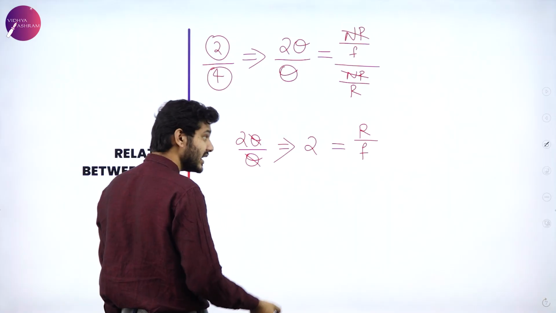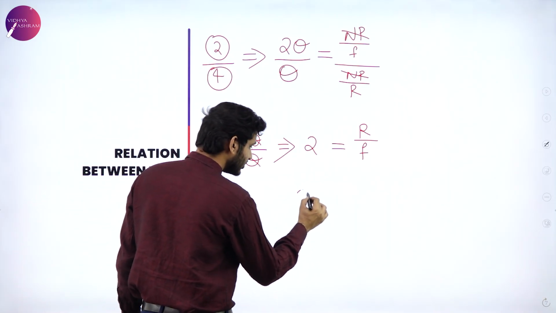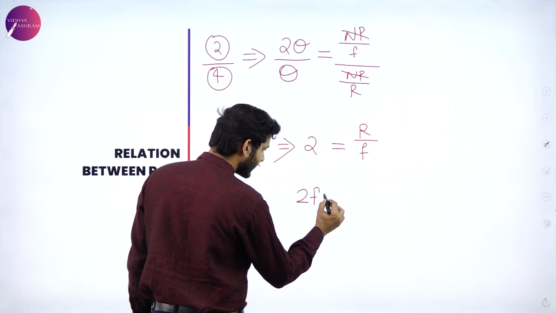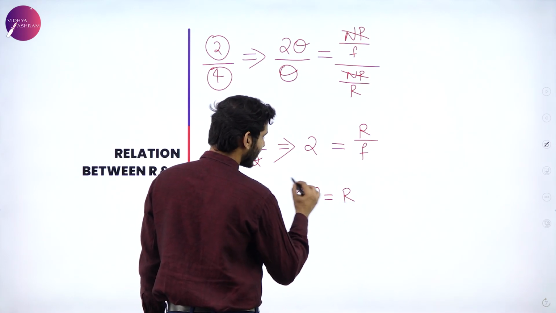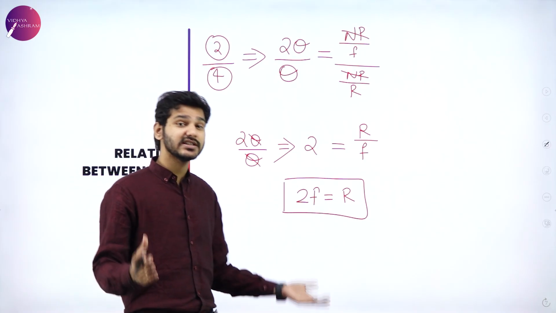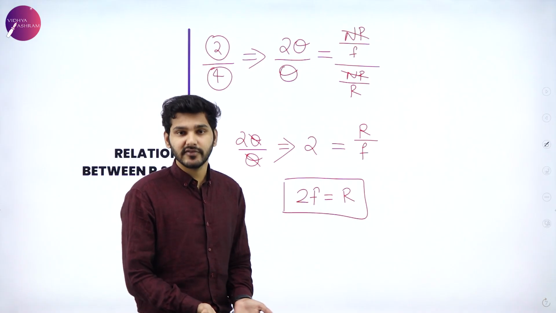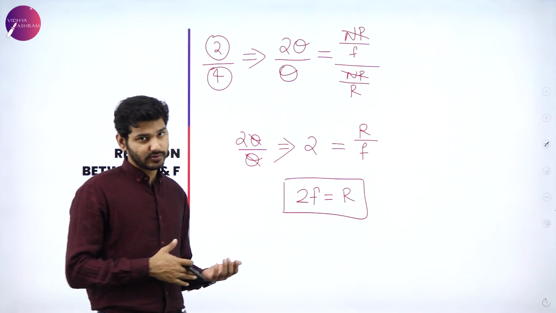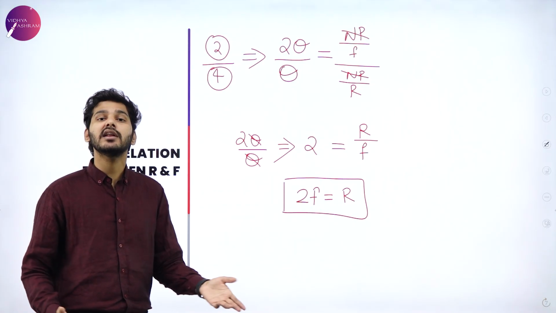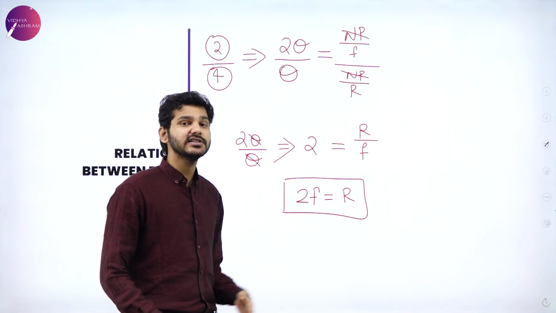Or simply rearranging this equation, 2f is equal to R. So this is our first relation, or astonishing discovery, that the radius of curvature of any curved mirror will be equal to 2 times its focal length.